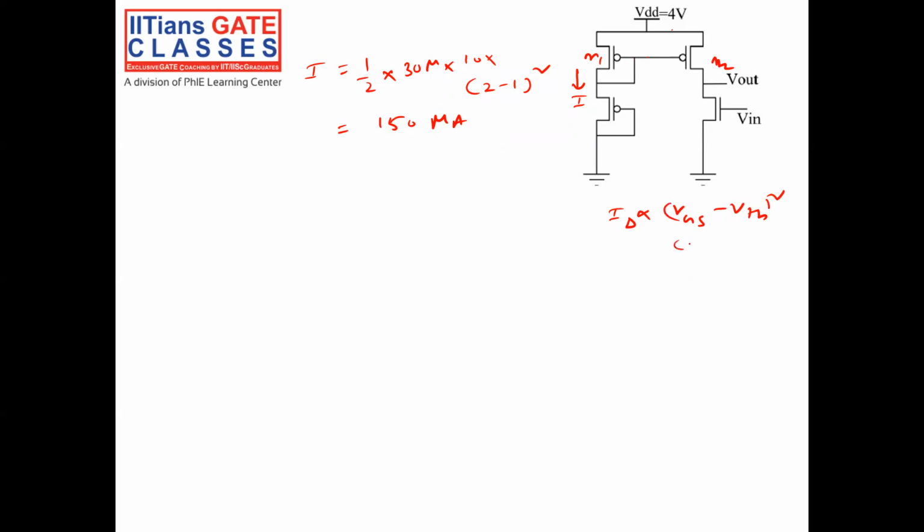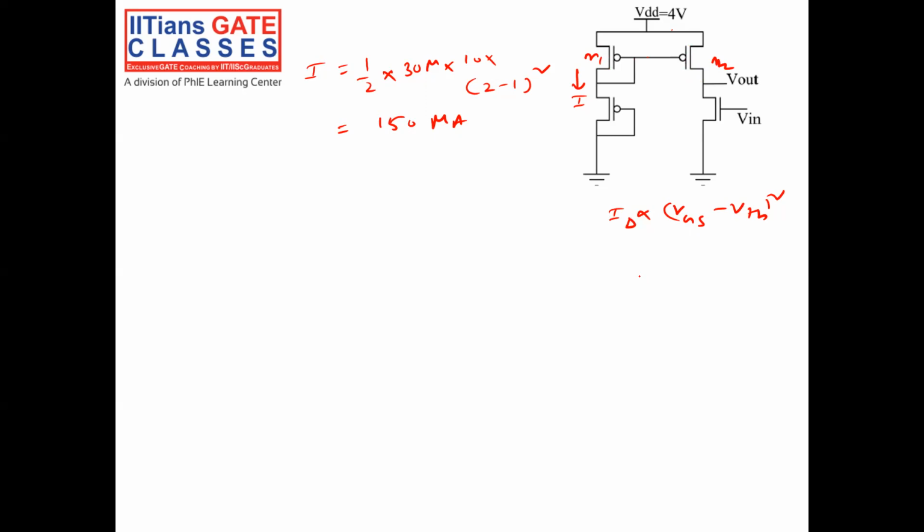If channel length modulation had been there, it would be 1 plus lambda VDS. Then VDS of M1 and M2 would be different, and the current would be different. So that's why it smartly says there is no channel length modulation. VDS of M1 would be different from VDS of M2.